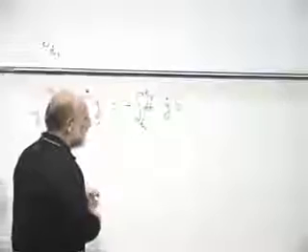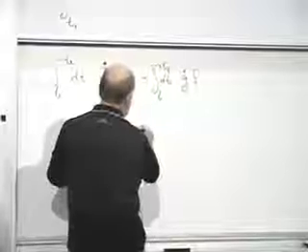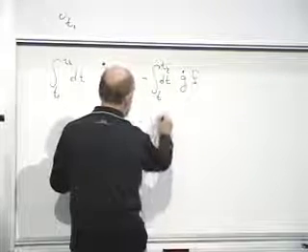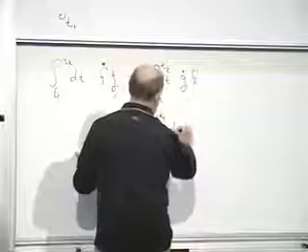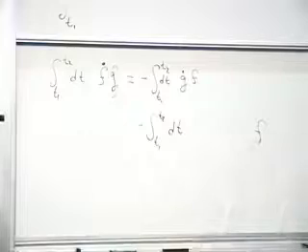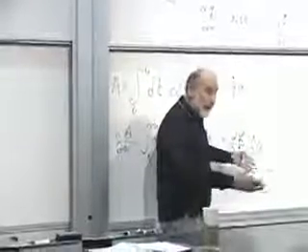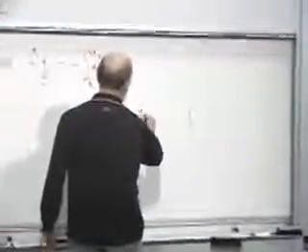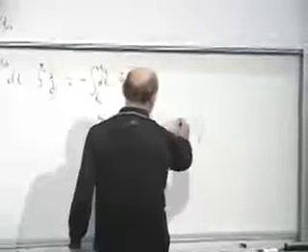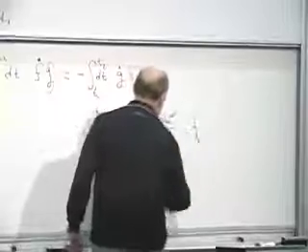So what do I get then? For the second term alone, the second term becomes minus the integral dt from t1 to t2 of f times d by dt of the derivative of L with respect to q sub i dot, times f sub i.